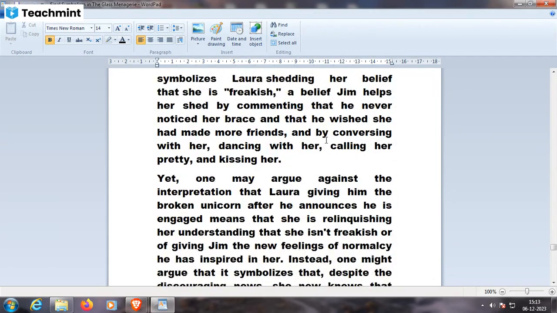Yet one can argue against the interpretation that Laura giving him the broken unicorn after he announces he's engaged means she is relinquishing her understanding that she isn't freakish, giving Jim the new feeling of normalcy that is inspired in her.